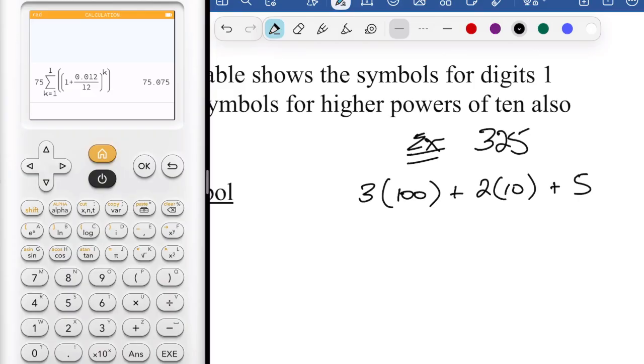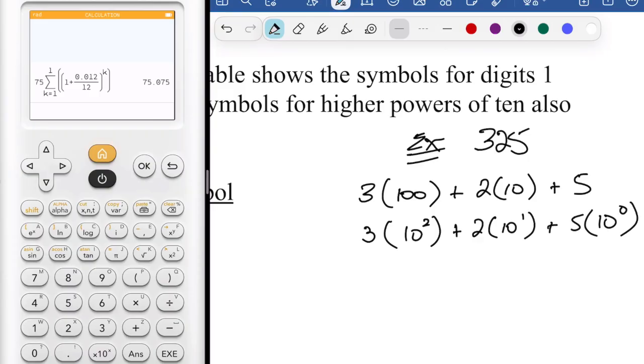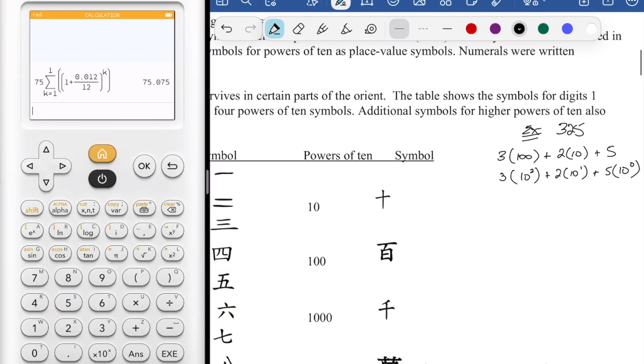And then we would use appropriate symbolism to replace the 100 or the 10 and so on, right? But I could also think of this as 3 times 10 to the second plus 2 times 10 to the first plus 5 times 10 to the 0th power, right? Each one of them representing what we call a place or a placeholder, but essentially they're all powers of 10, right? So that's the idea.